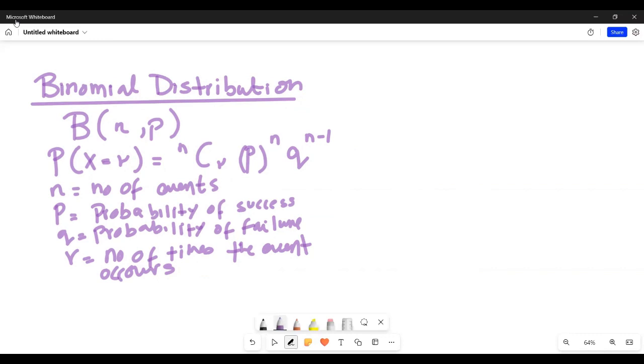Okay, next we're going to talk about conditions that should be met before you can apply this formula or before you can apply binomial distribution.